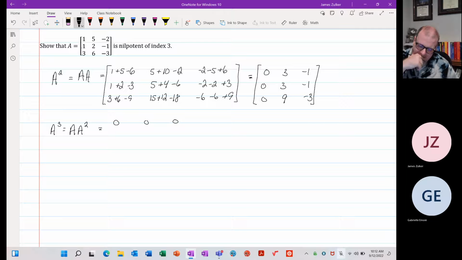And in fact, since the first column of A squared is all zeros, not only is the first row going to be all zeros. Actually, I'm sorry. The first row is not all zeros. The first column, that's all zeros. The first column is going to be all zeros.